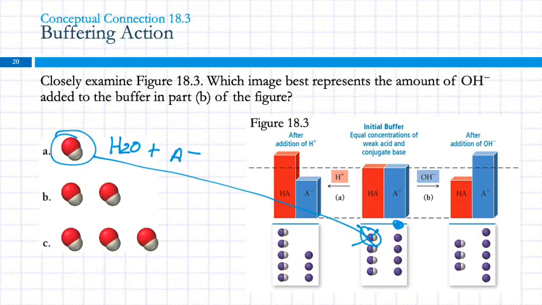No? Maybe I need to draw better pictures. So this is OH minus. And if I add HA to that, what do I get? H2O and A minus, right?